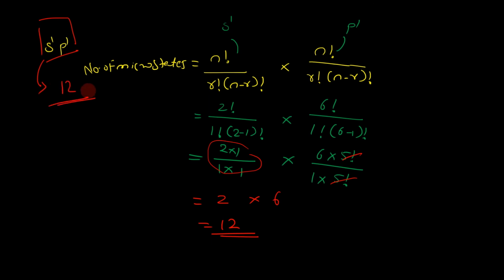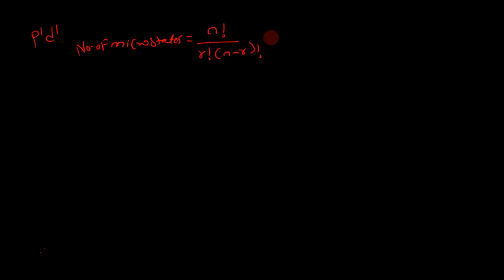Like this you can solve one more problem. So next, move to the next slide. We solve the next one, that is P1 and D1. So the number of microstates formula is n factorial upon r factorial n minus r factorial, multiplied by the same for D1.